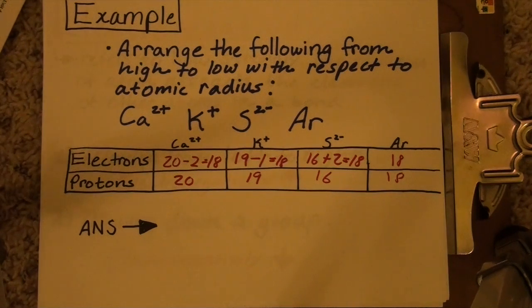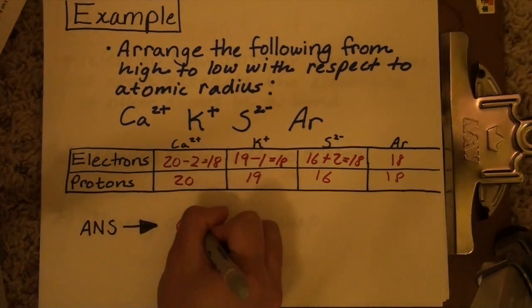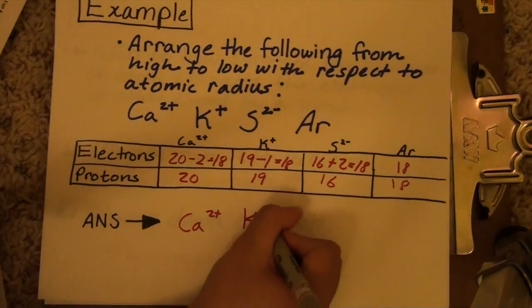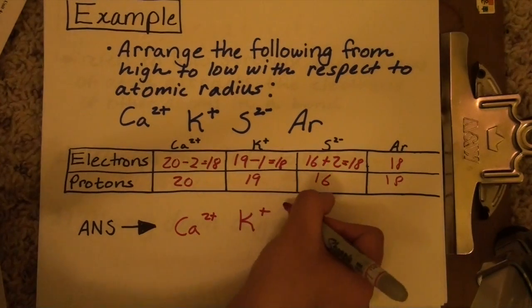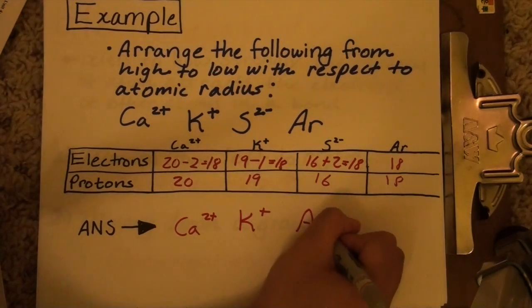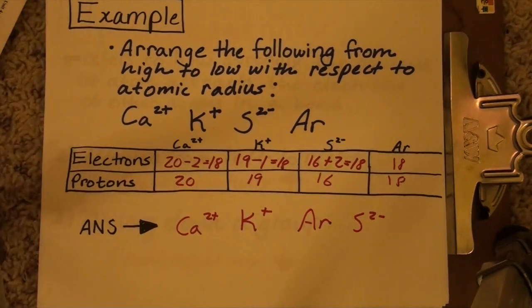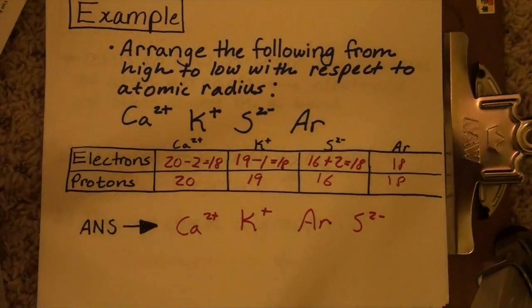The element with the fewest protons will be the largest because its electrons experience the weakest attractive forces. So the expected order would be calcium 2 plus, potassium plus 1, argon, and sulfur 2 minus. That would be our order and answer.